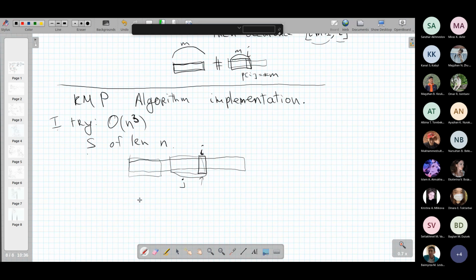So I iterate over the answer and then compare the strings.